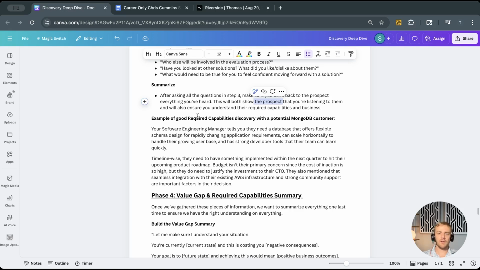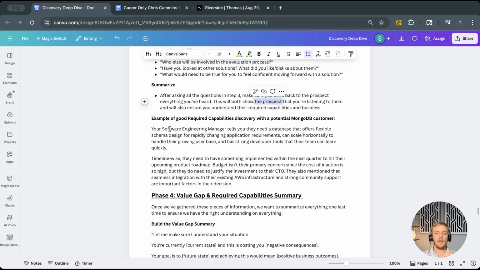A good example of required capabilities discovery is the software engineering manager now tells you they need a database that offers a flexible schema, designed for rapidly changing application requirements. It can scale horizontally to handle their growing user base, maybe across countries. Timeline-wise, they need something implemented within the next quarter to hit their product roadmap, and they're not too worried about budget, but they do need to justify the investment to the CTO.